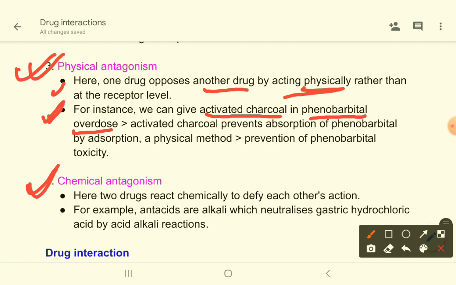You will give him activated charcoal. So what is activated charcoal doing here? It prevents absorption of phenobarbital by adsorption.